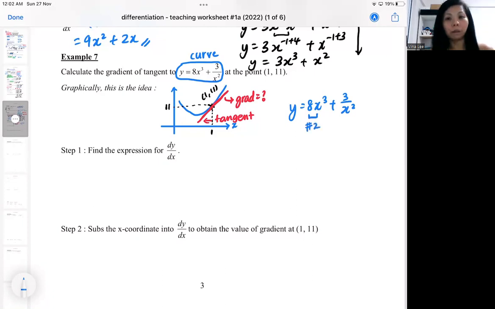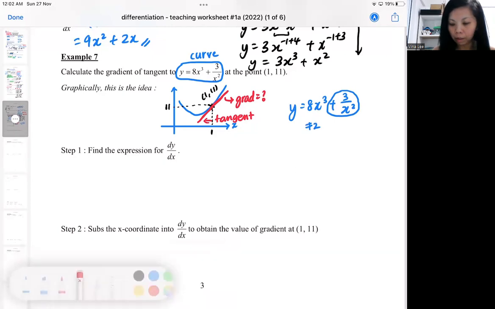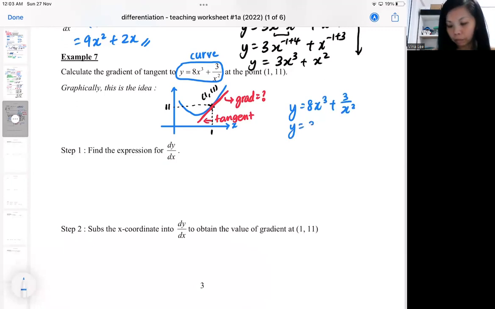I can already differentiate. Whereas this one is not ready for differentiation first, because x is in the bottom. So you need to make sure both terms are ready for differentiation, then you can do your differentiation.